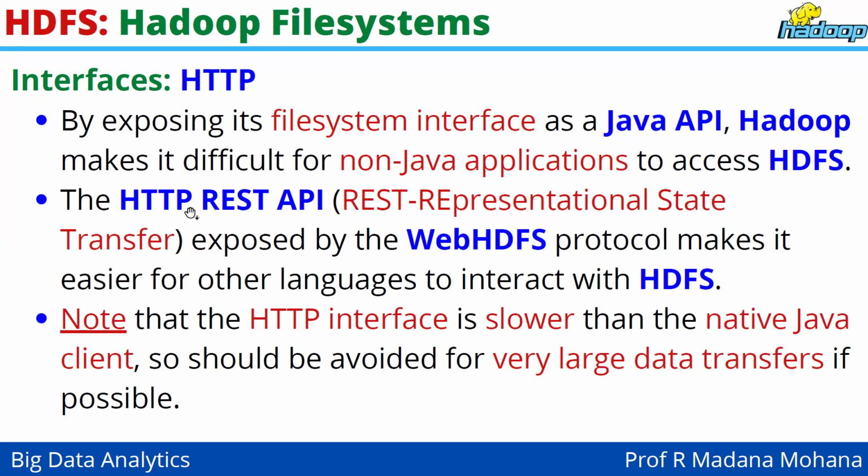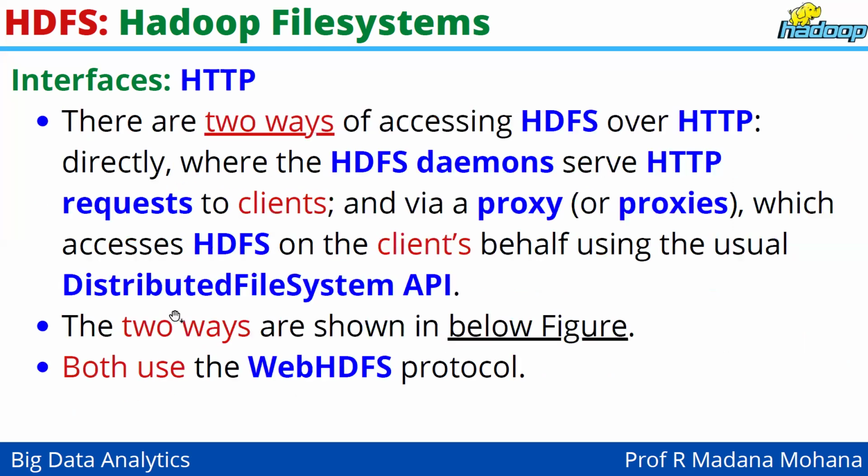Using the HTTP REST API, where REST stands for Representational State Transfer, exposed by the WebHDFS protocol, makes it easier for other languages to interact with HDFS. One important thing to remember is that the HTTP interface is slower than the native Java client, so it should be avoided for very large data transfers wherever possible.